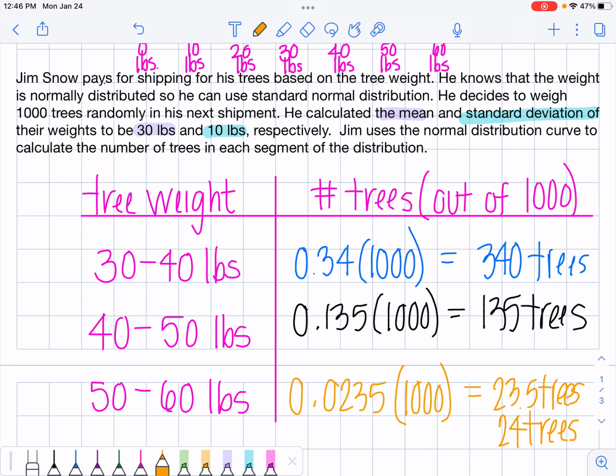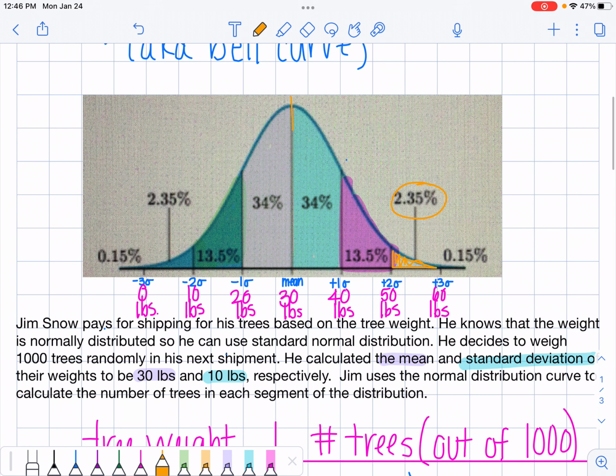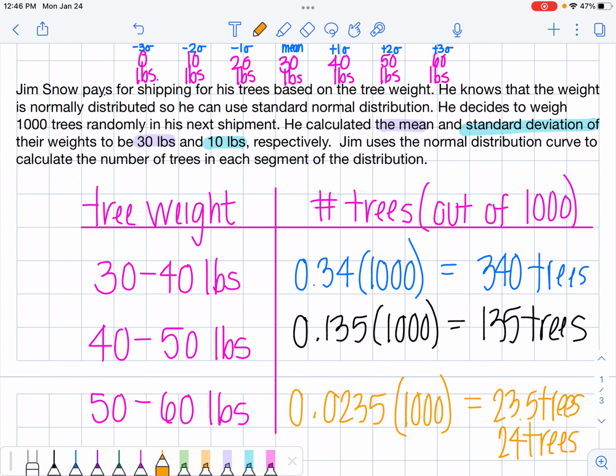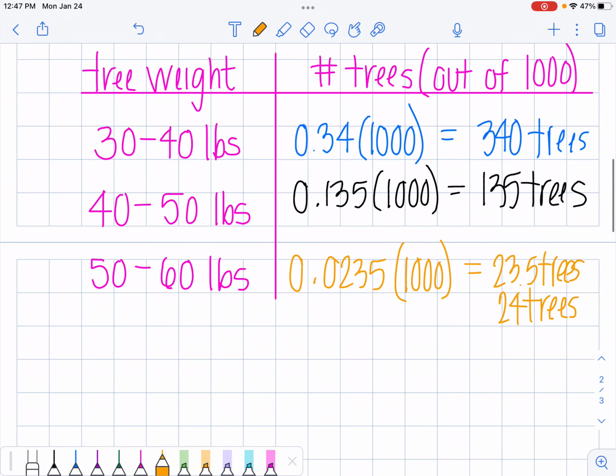All right, now we just took care of this half of the bell curve. Would it make sense that this gives you half of the trees? If I look at 340 plus 135 plus 24, this gives you 499 trees.